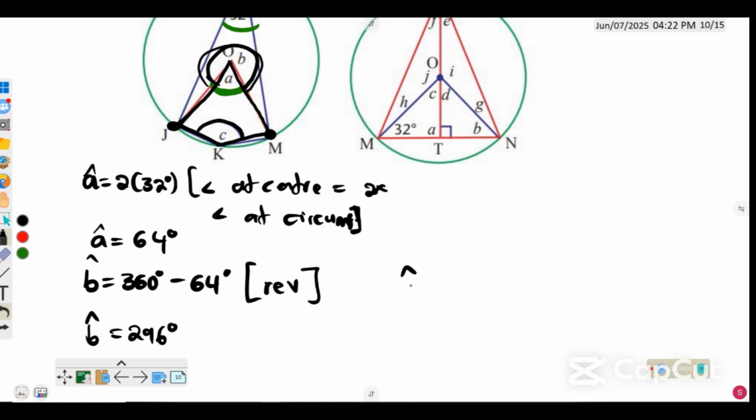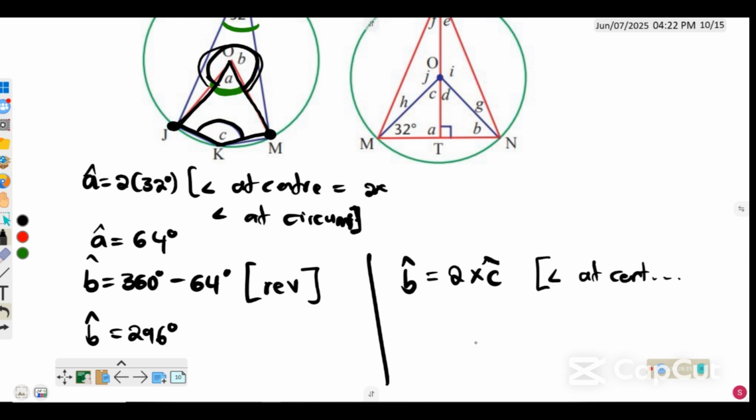So in fact, angle B is twice angle C, 2 times angle C, because angle B is the angle at the center. Why is that? Angle at center equals 2 times angle at circumference. But B we found to be 296. And then we have 2C. Divide by 2, divide by 2. 296 divided by 2 gives us 148. So angle C is equal to 148 degrees.